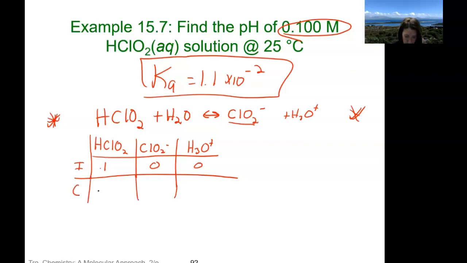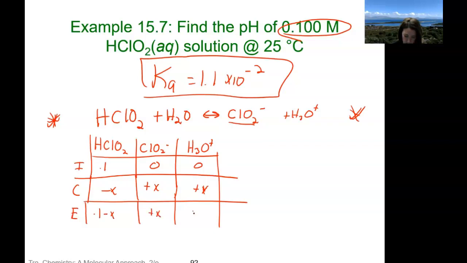The change is this is going to be 0.1 minus X, plus X, plus X. At equilibrium, 0.1 minus X, plus X, plus X. This is last week's quiz, right?